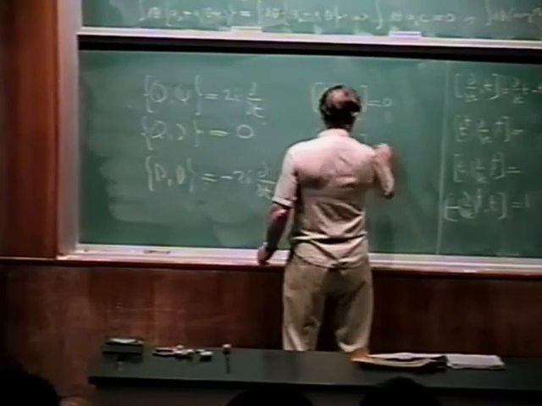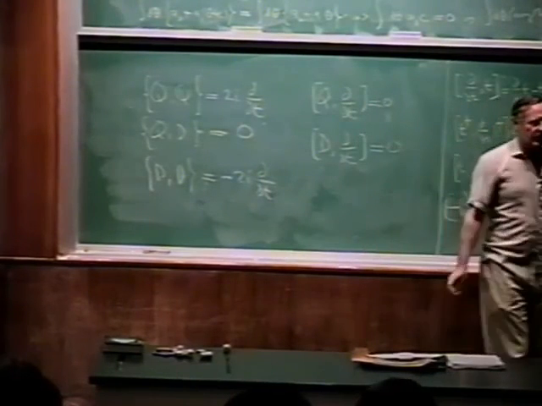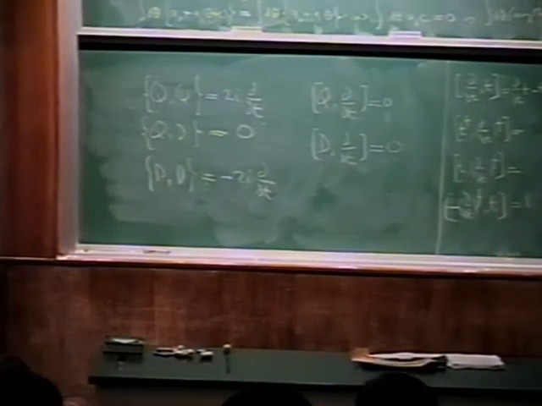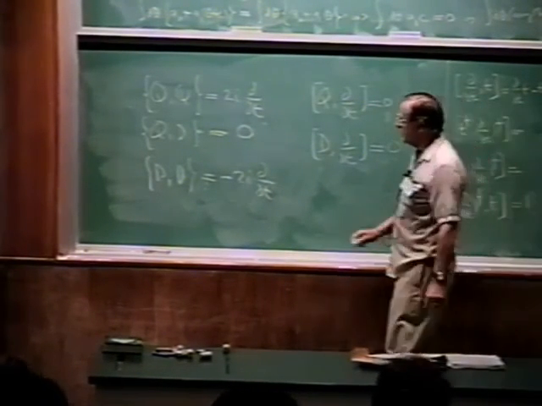So this is a set of commutation relations involving anti-commutators of operators which are playing a role: Q, D, and d/dt.